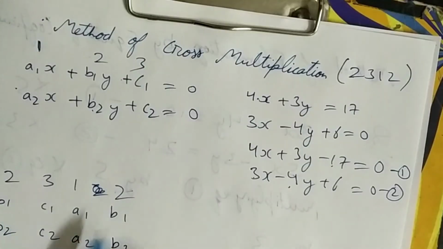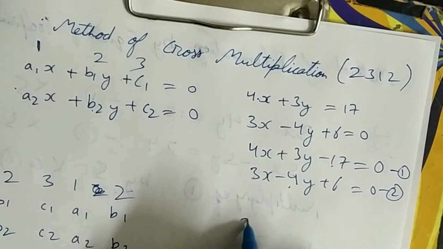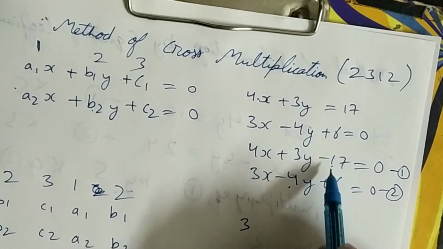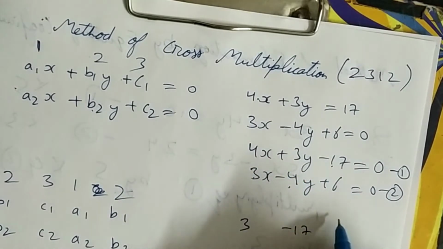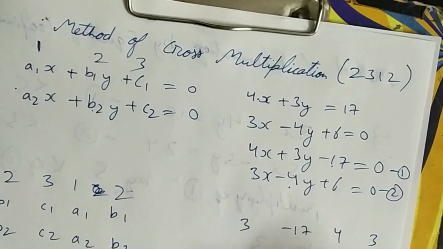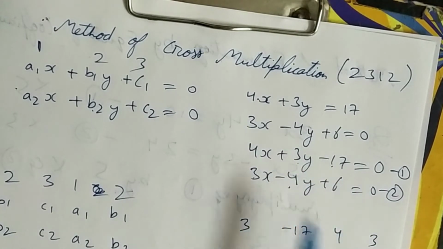So if we look at the question, what will we write? First b1, b2: 3, minus 4. Then c1, c2: minus 17, 6. Then 4 and 3, and again 3 and minus 4. So 2 3 1 and 2.